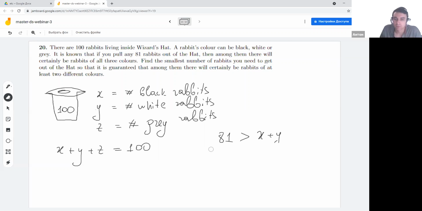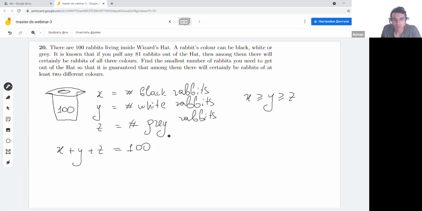So we have these 3 inequalities, but I want to make another assumption without loss of generality. We don't know how these 3 numbers correspond to each other, but let's assume that X is not less than Y and Y is not less than Z. This is an easy way to proceed, and it is also legal because if it is not like that, then we can just rename the colors in order to obtain this situation. It will be much easier to reason using this assumption.